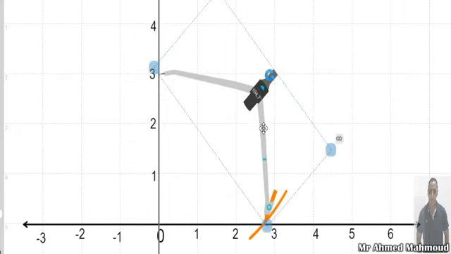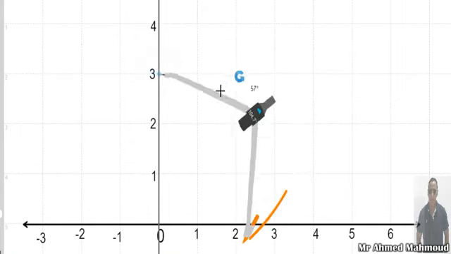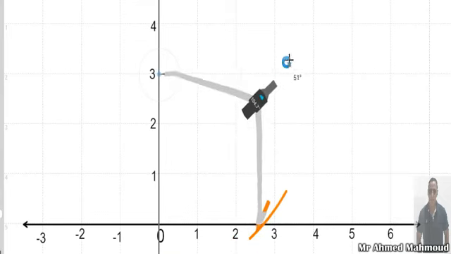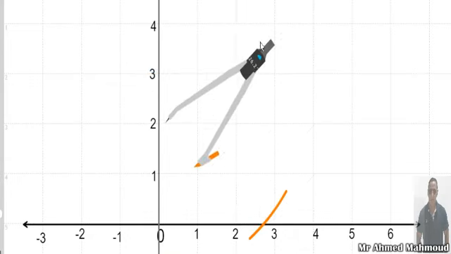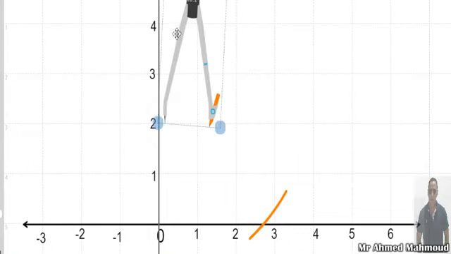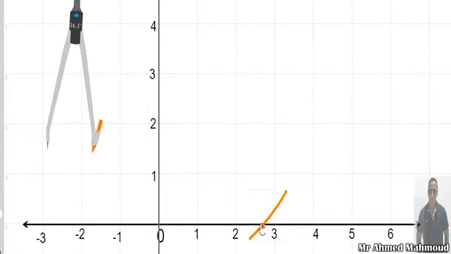This is the position of square root 7. I will draw the triangle like this.